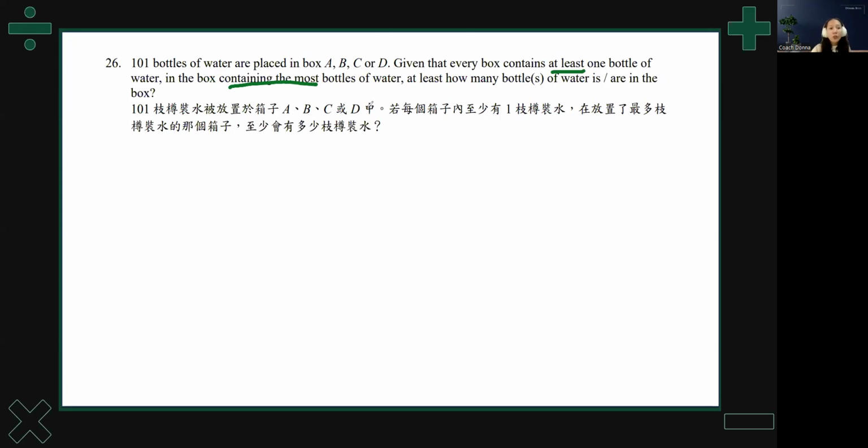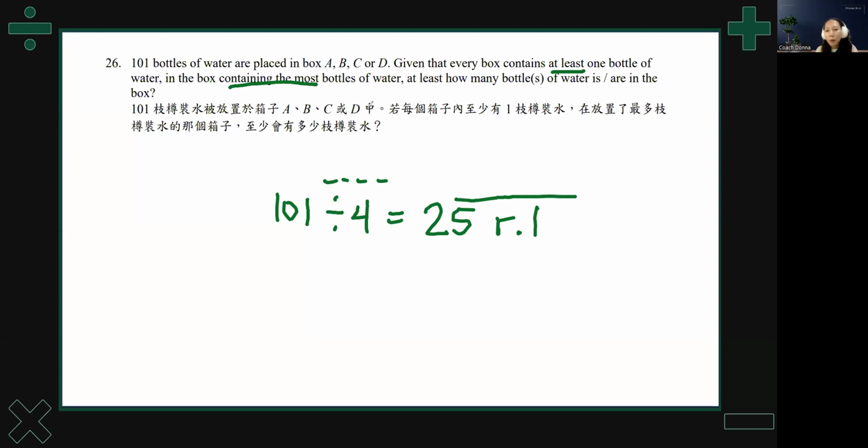You'll start with our given, 101 bottles, and evenly divide it into 4 boxes. 101 divided by 4 is 25, remainder 1. The question is, at least how many bottles are there in the box that contains the most bottles of water?